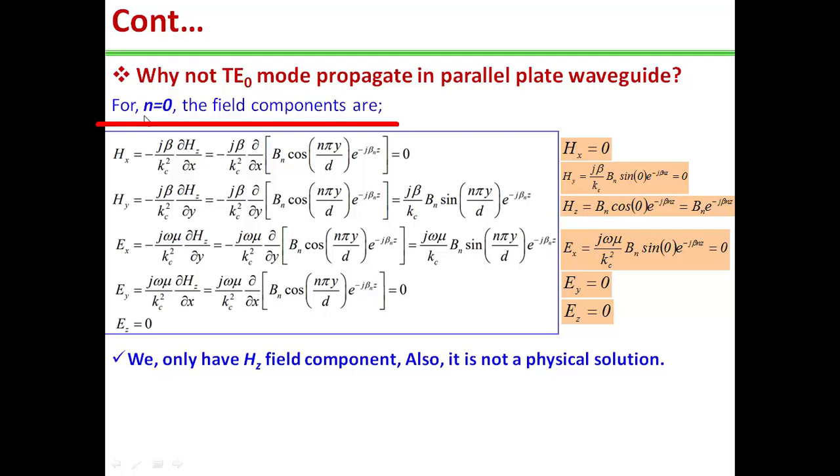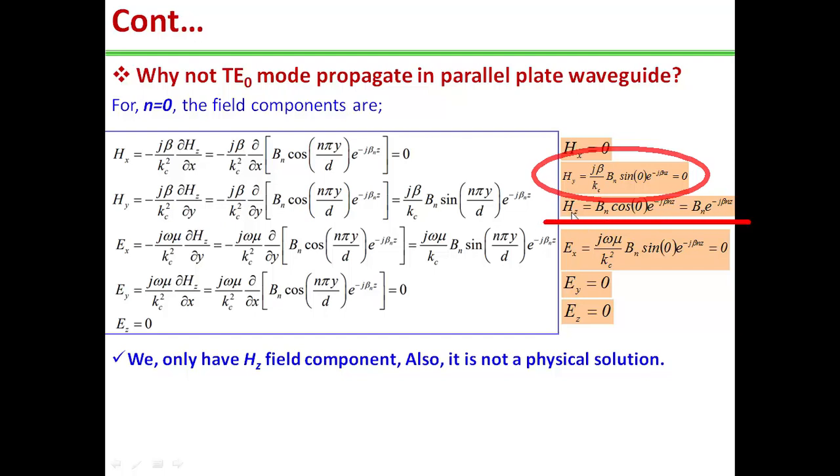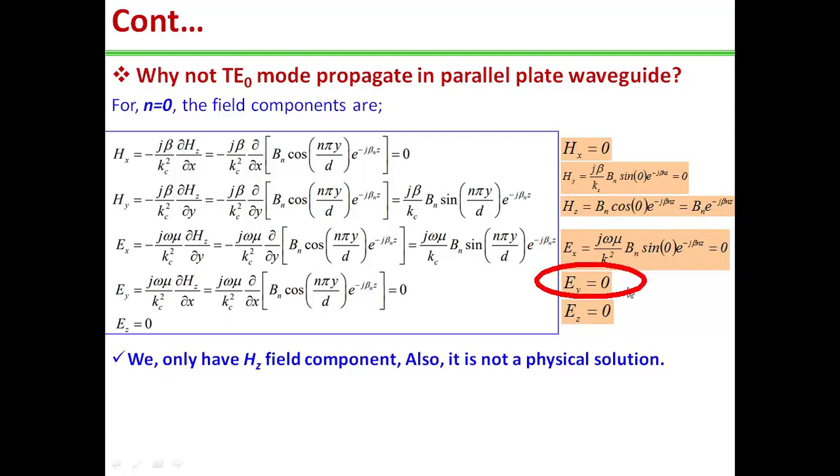Therefore, we can put n is equal to 0 in the field components, and we have to calculate all the field components. After solving these field components, we have Hx is equal to 0, Hy is equal to 0, and we have found Hz is equal to Bn e to the power minus j beta n z, and Ex is equal to 0, Ey is equal to 0, and Ez is equal to 0.